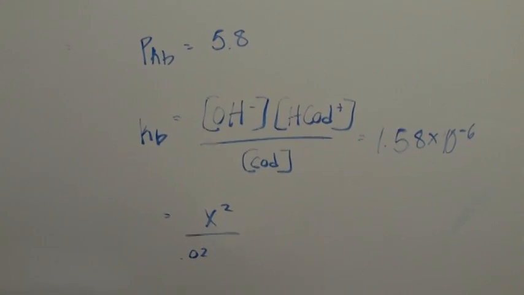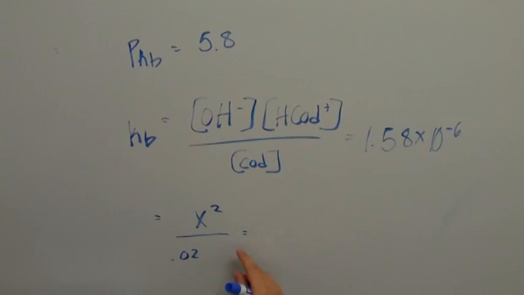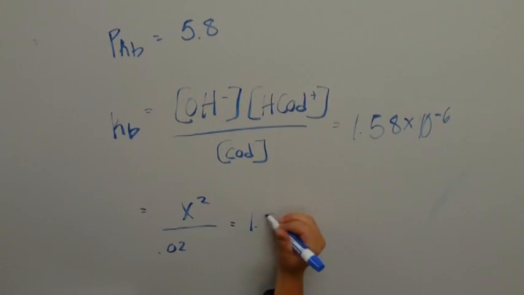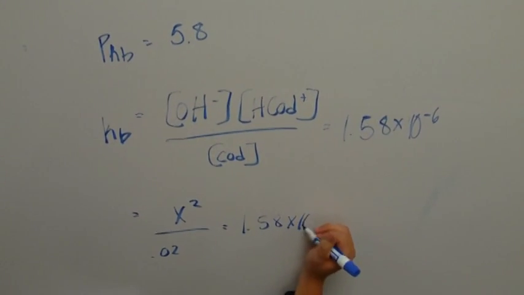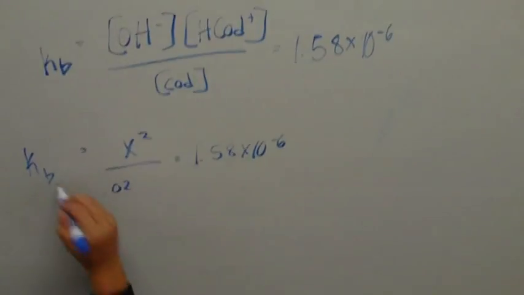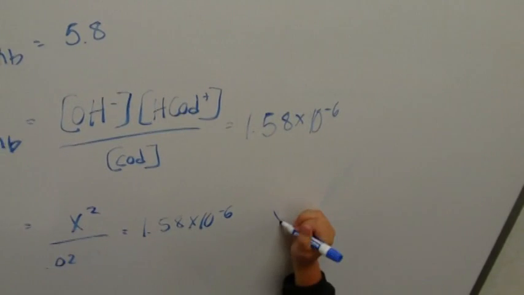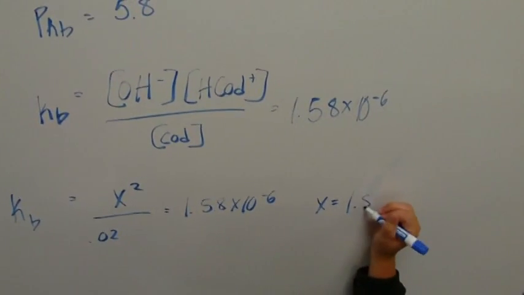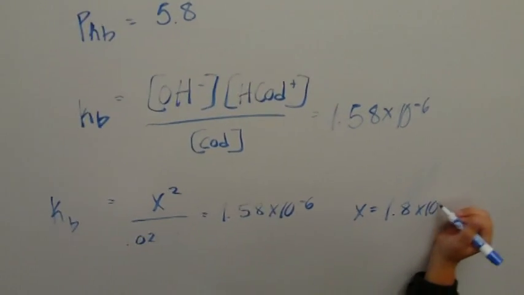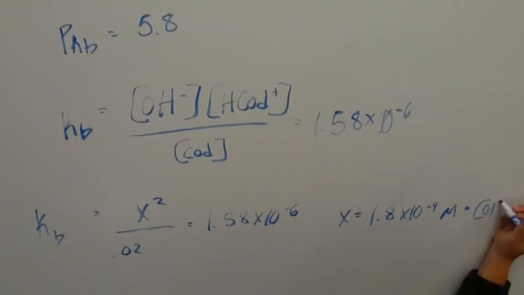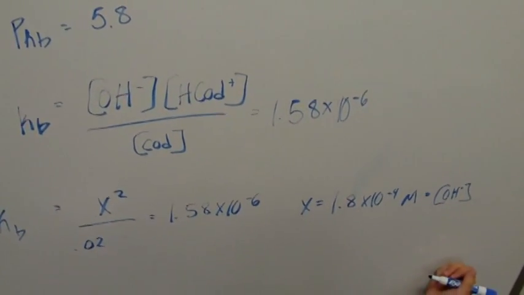So we'll be fine. If we do that, we've got it equaling 1.58 times 10 to the negative 6. And therefore, doing a little algebra, we can conclude that x is equal to 1.8 times 10 to the negative 4 molar, which is our OH negative concentration.